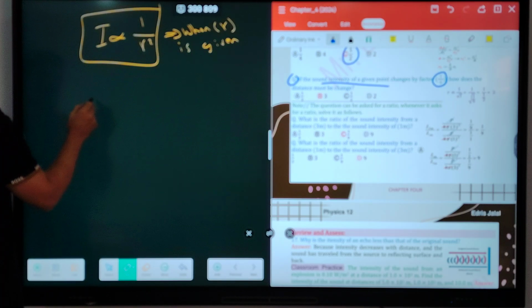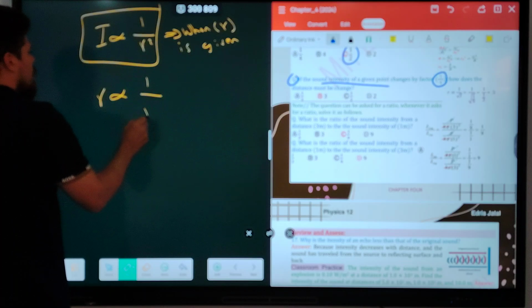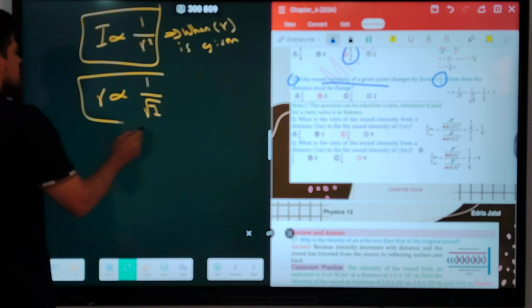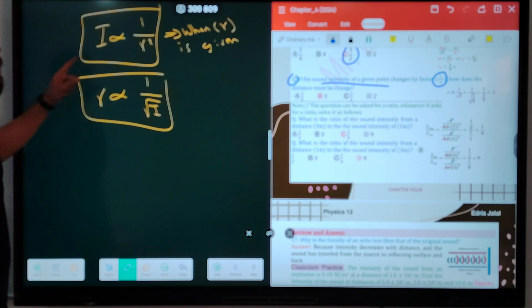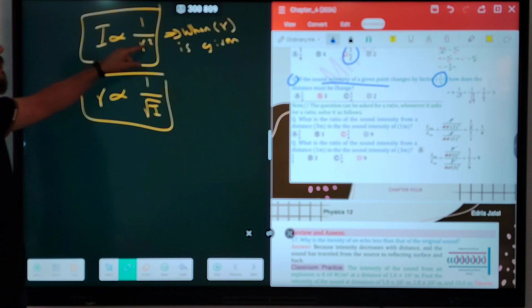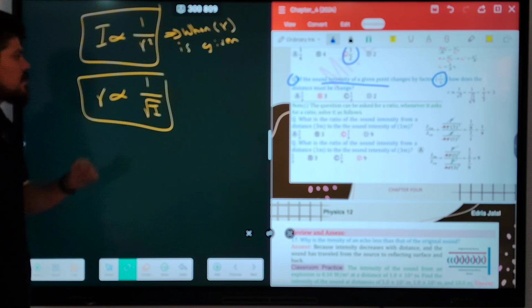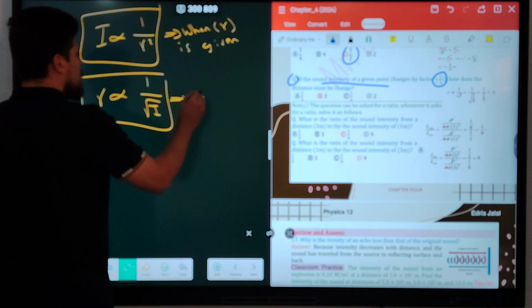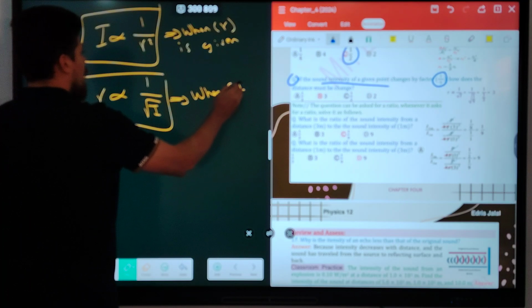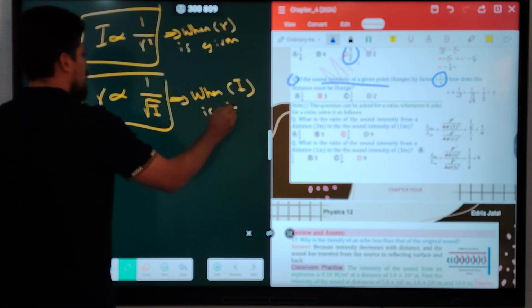But in another relation, R is equal to 1 over radical of I. This is the same thing: I is inversely proportional to the square of distance, and R is also inversely proportional to the square root of intensity. This relation can be used when I is given.